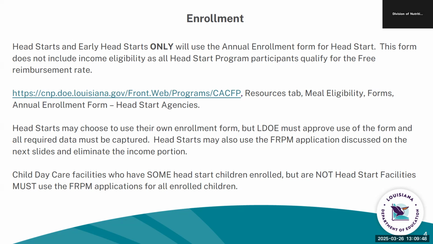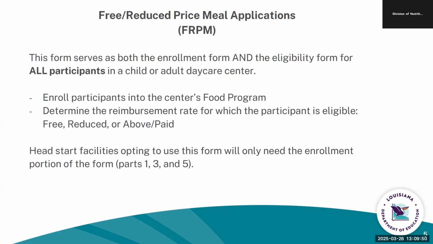So next screen. The free and reduced price meal application for CACFP, that is the eligibility form, okay? And that is your annual enrollment form. So there is some confusion in Kid Care that you need two forms, but you do not.